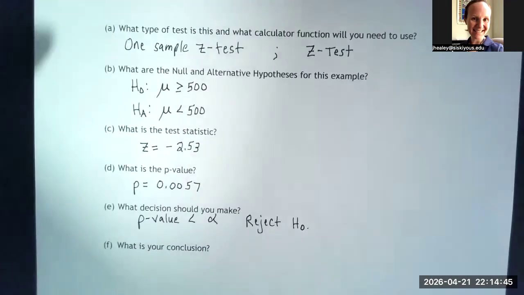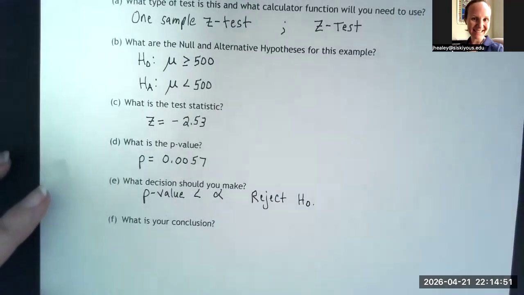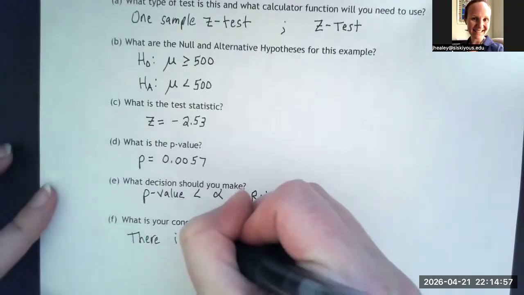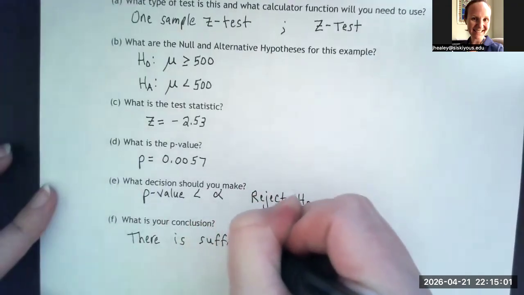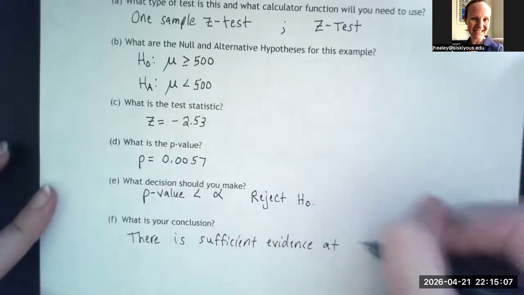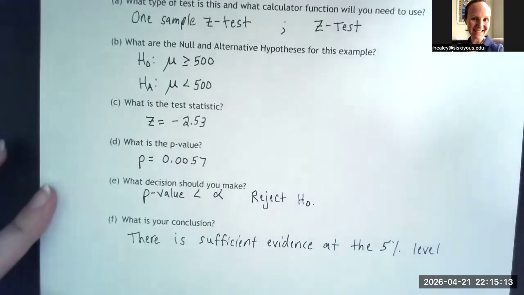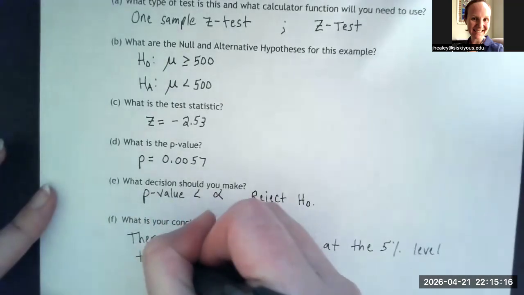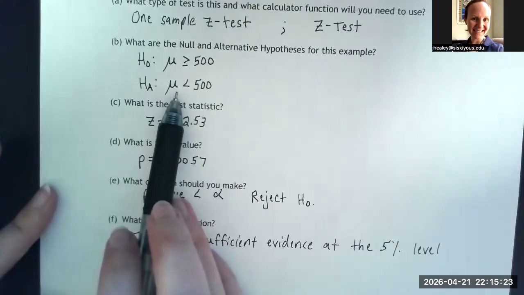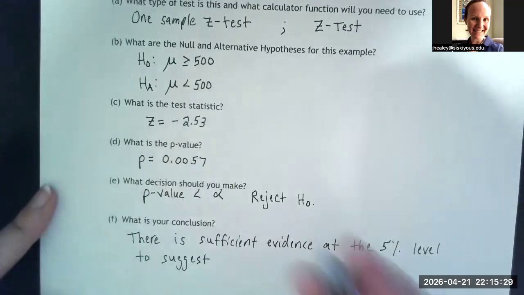So in terms of what is our conclusion then for this problem, we're going to say that there is sufficient evidence at the 5% level to suggest, and then we always go back to the alternative hypothesis, that the true mean volume is less than the claimed amount, which was 500 milliliters.